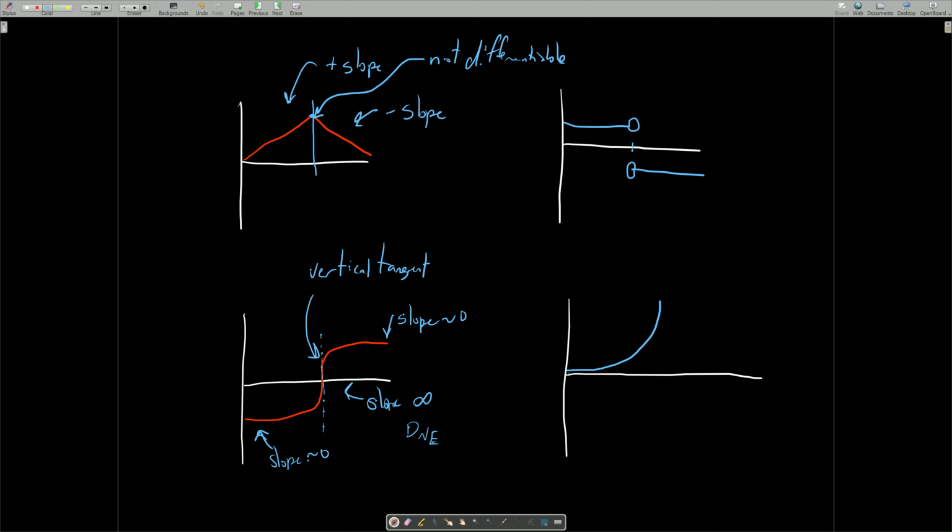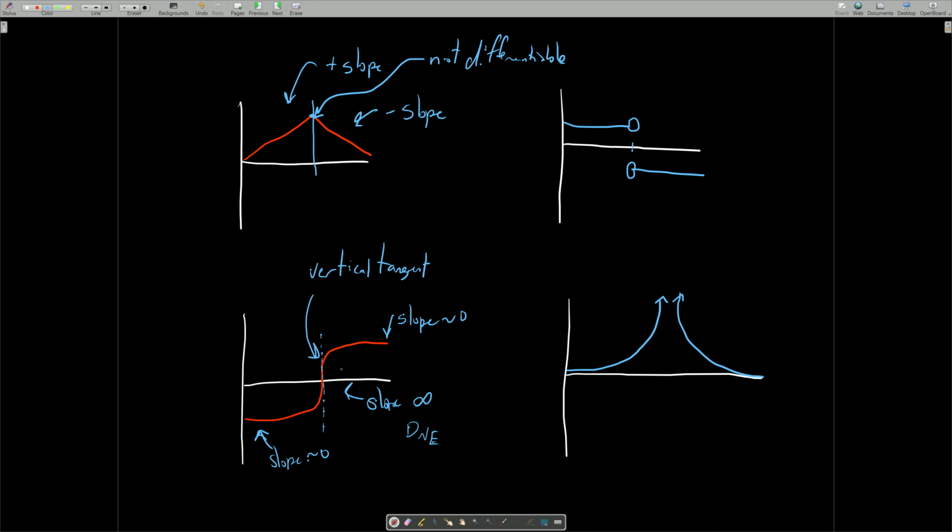Your slope starts at about 0 and goes up, approaching infinity. After it gets to this part, this infinite part, the slope starts to go down back to 0 again. Right here.